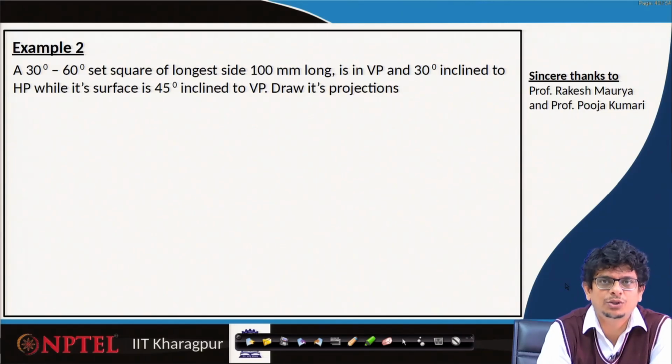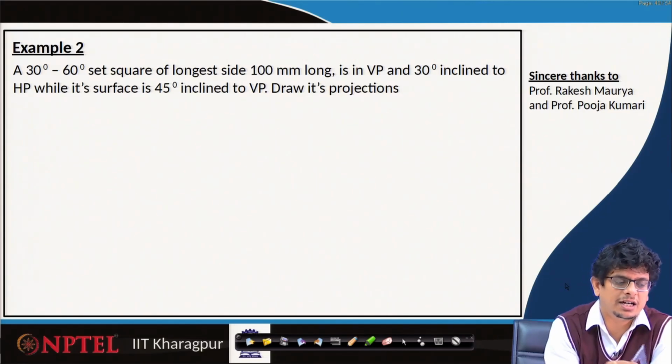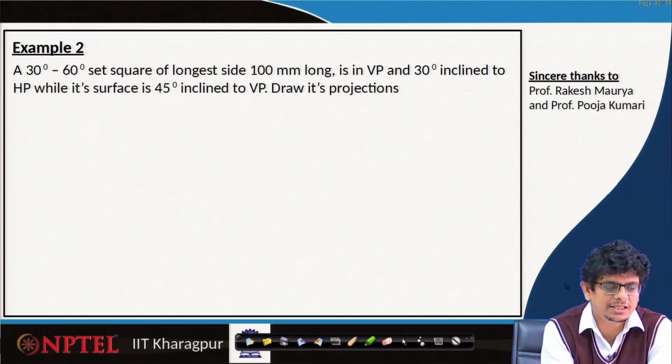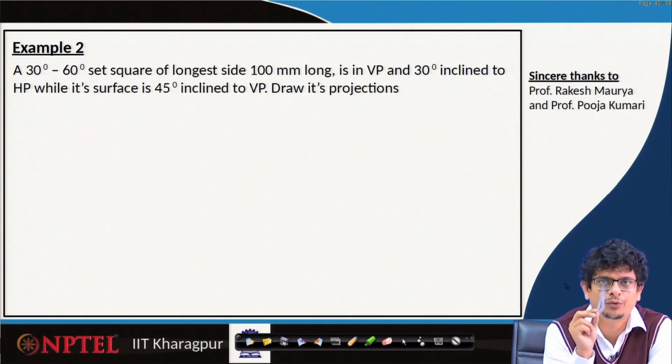So, this is the combination. One of the angles is 90 degrees, the other one is 30 degrees, the other one is 60 degrees, the long set square that we usually go with.